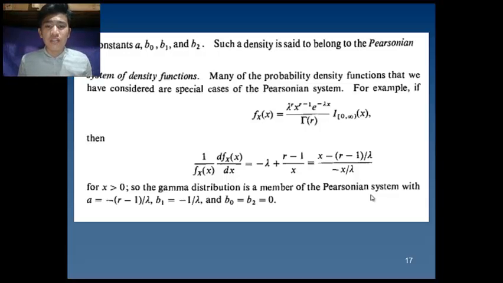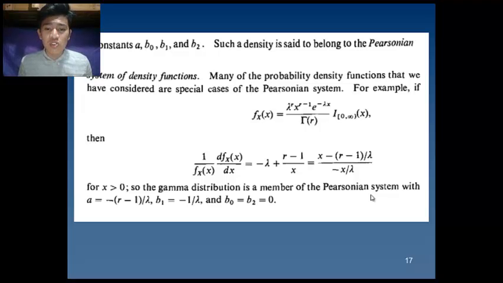For example, if f of x sub X is equal to lambda to the power of r multiplied by x to the power of r minus 1 multiplied by e to the power of negative lambda x, all over gamma of r, evaluated from 0 to infinity, then we get negative lambda plus (r minus 1) over x, which is equal to (x minus (r minus 1)/lambda) over (negative x over lambda), for x greater than 0.